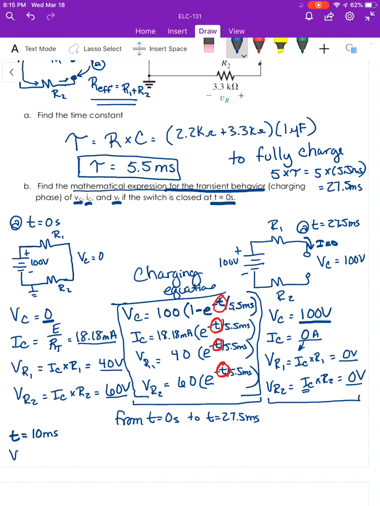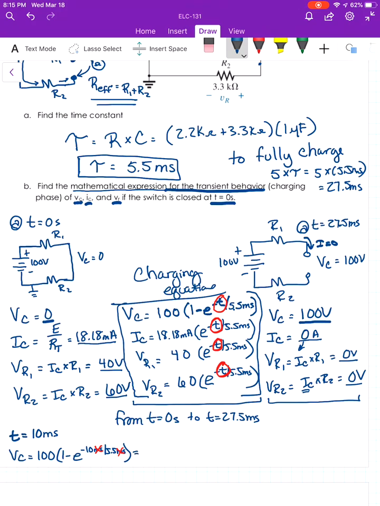To evaluate V sub C, that would be 100 times 1 minus e to the minus 10 milliseconds over 5.5 milliseconds. Now, since you're dividing milliseconds by milliseconds, you can ignore the milli there because the ratio is still the same. If you were dividing seconds by milliseconds, you really couldn't leave that out, but we can in this case.